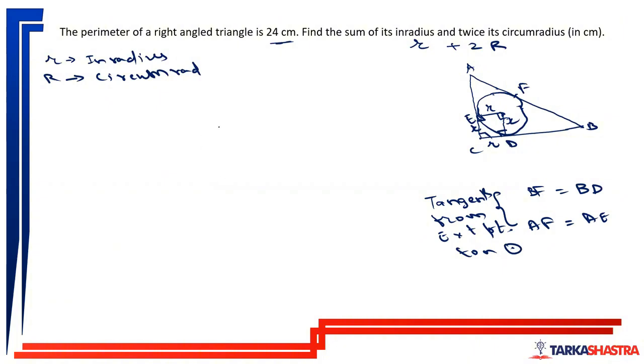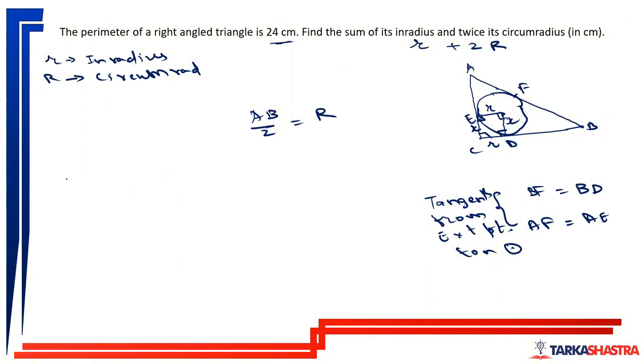Now I know that AB by 2 is the circumradius. How do we find the circumradius of a right angle triangle? It is half of the hypotenuse. So AB by 2 is the circumradius.